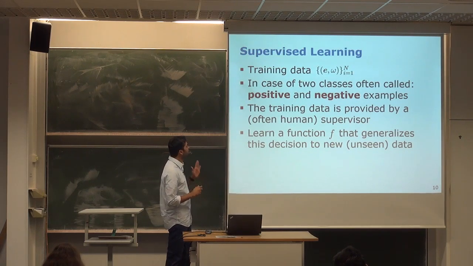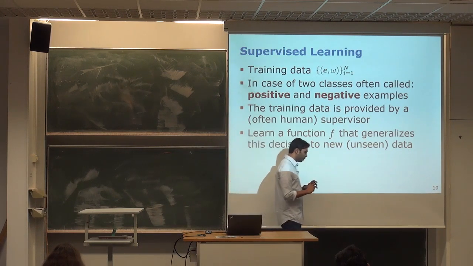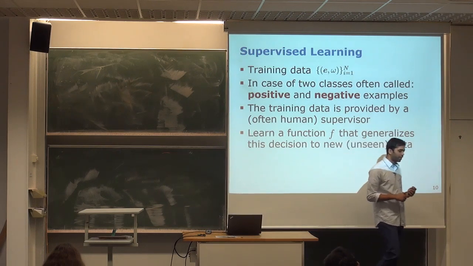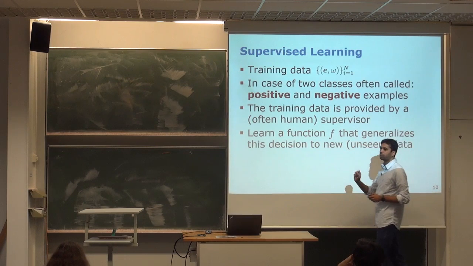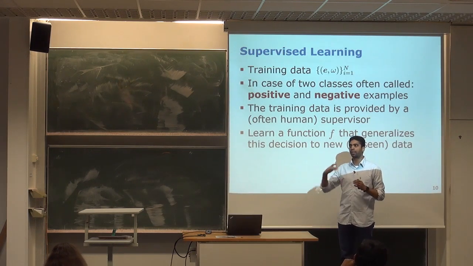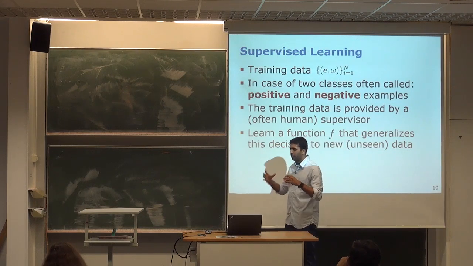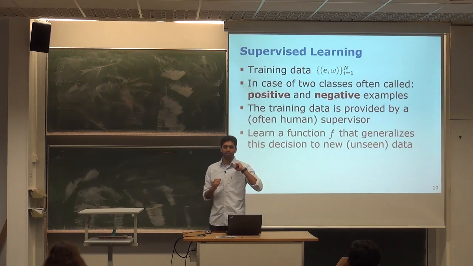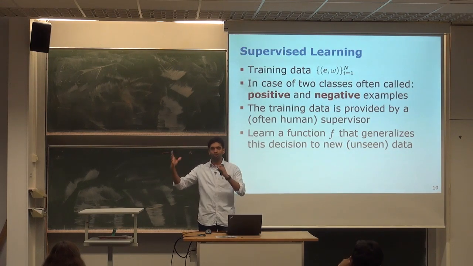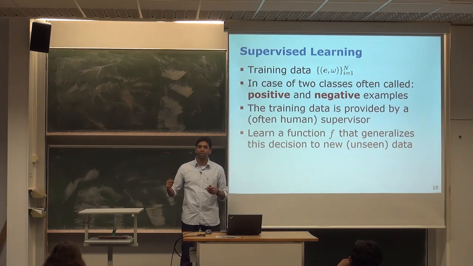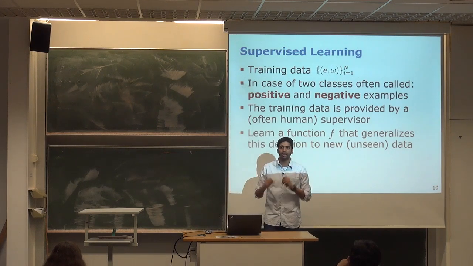The main question that we have today is how to come up with this f that works well not just with the training data but with new unseen data. If you give me lots of images with cars, and lots of other images with no cars, maybe I come up with an f which works very well for this example set.